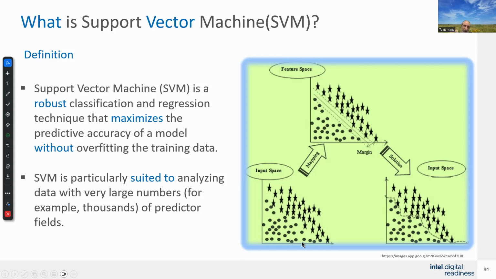For the most part, the dots are on the bottom and the stars are on the top, but I really can't draw a straight line through it. So we map it to a higher level or dimensional space so that we can actually create a margin.